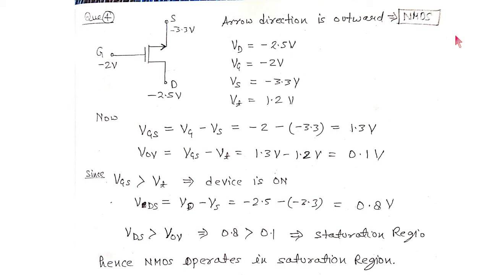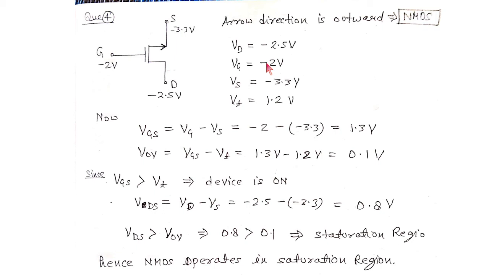Okay, now we will calculate VGS again. For NMOS, VGS is VG minus VS, which is minus 2 minus of minus 3.3, so positive 1.3 volt. For overdrive voltage, VGS minus VT. What is VGS? 1.3. VT is equal to 1.2, so 0.1 volt.